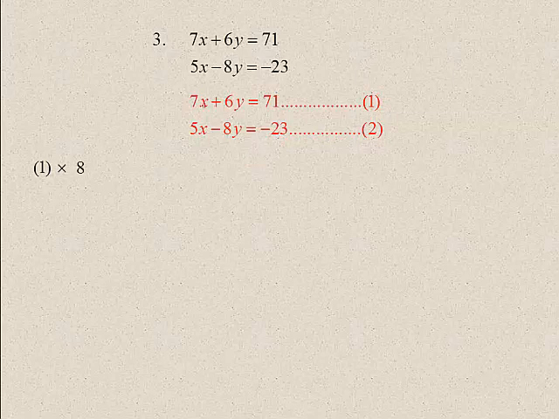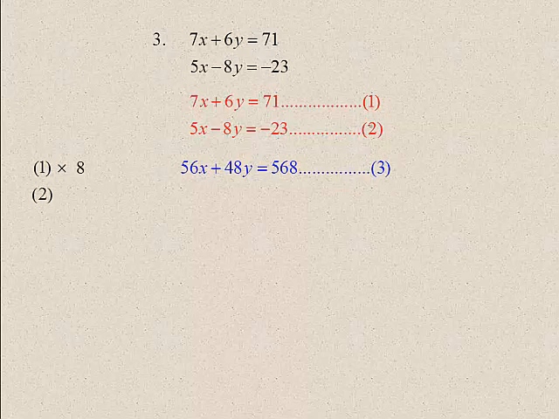You could multiply it by 7 and multiply this by 5 and multiply this by 7. Yes, but let's multiply it by 8. If I multiply this by 8, it means 7x times 8, 6y times 8, 71 times 8. And that gives me 56x plus 48y is equal to 568. I'll call this equation number 3.